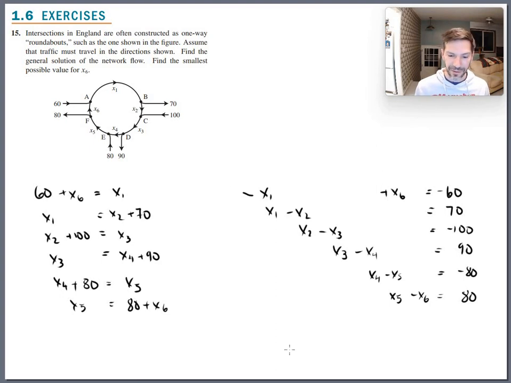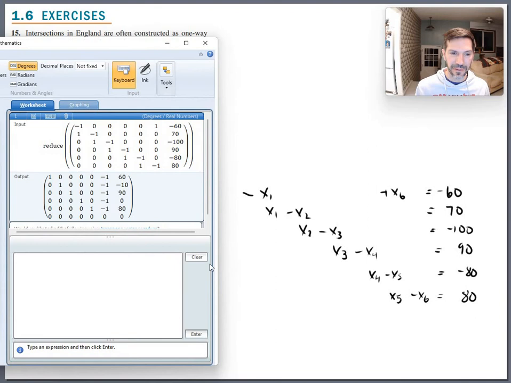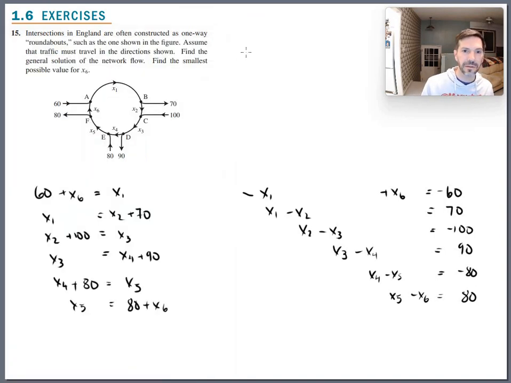Okay, so translating all that into a matrix and reducing the matrix gives us something like this, and then we start putting the variables back on. The first equation in the reduced result says that x1 minus x6 equals 60. As we start talking about the solutions, we will solve this equation for x1.